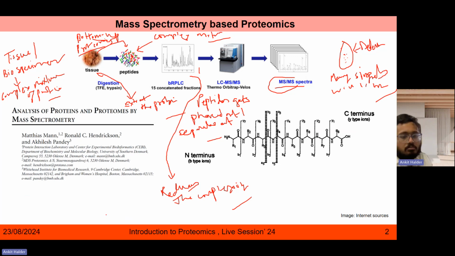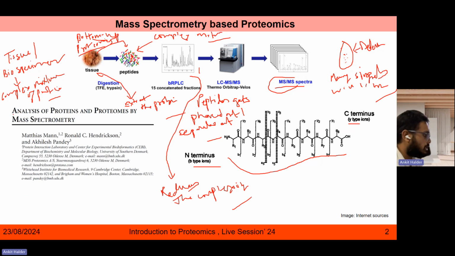So this is actually one kind of ions, which generally looks like this. If you don't understand, it's fine. You can understand that it is about peptide bonds. If the peptide bonds are broken, at the C terminal it is a Y ion type, and at the N terminal it is known as a B ion type.